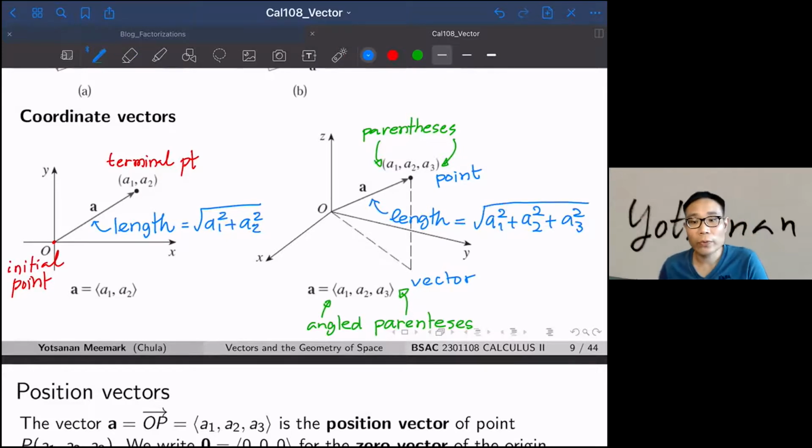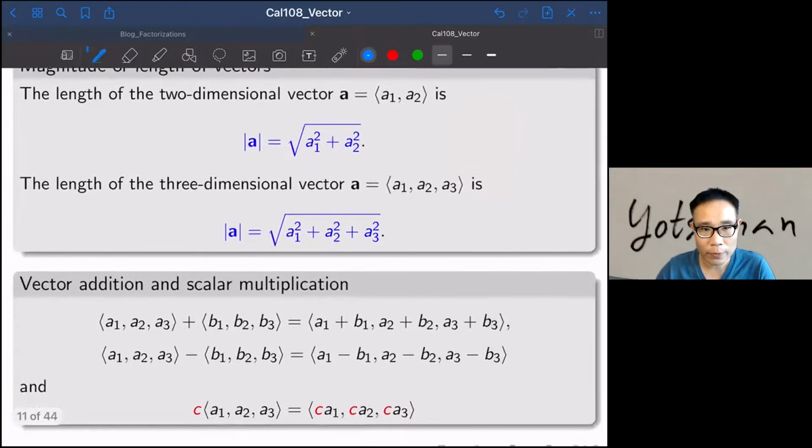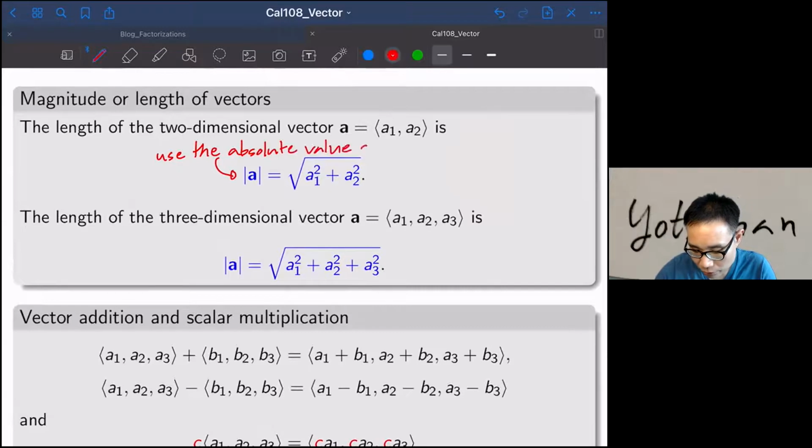So this one is just the length of the vector, and the notation that we use for the length of a vector is just the absolute value, in order to indicate the length of vector A. I use the same notation as in your textbook, so you're not going to be confused.